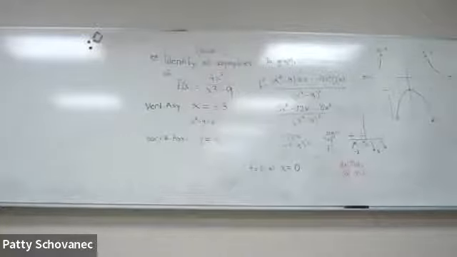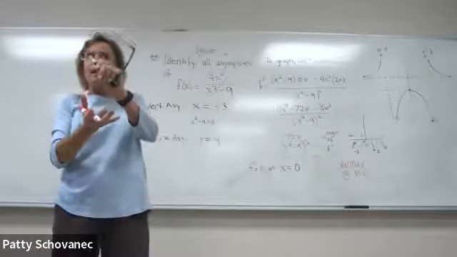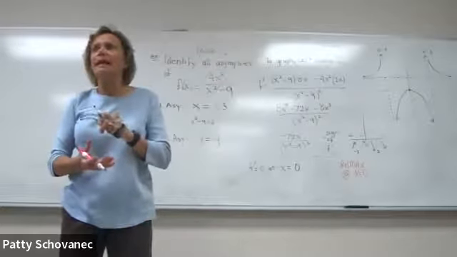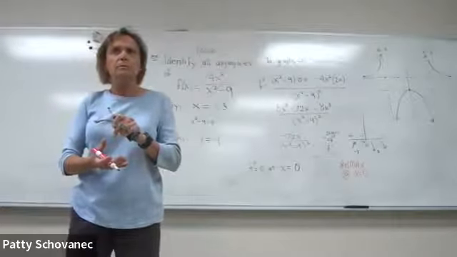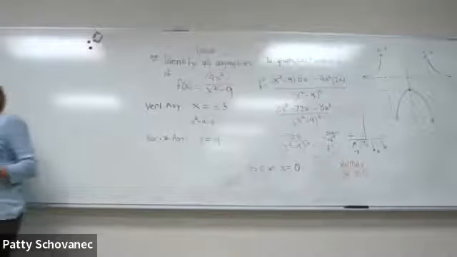This up here is going to be positive, and this down here is going to be positive. So they grow at the same rate, but one's growing like a positive 2, and the other one's growing like a negative 2. So this one's going to +2, and this one's going to -2.